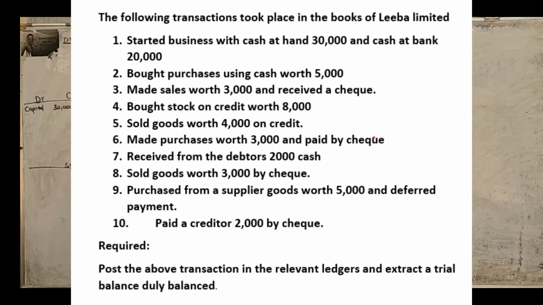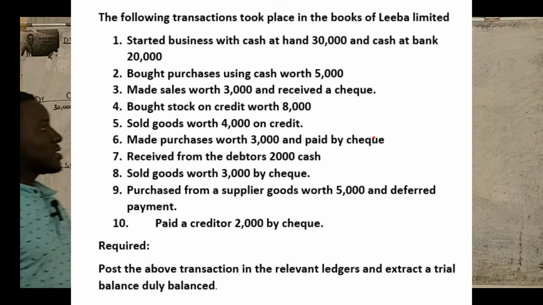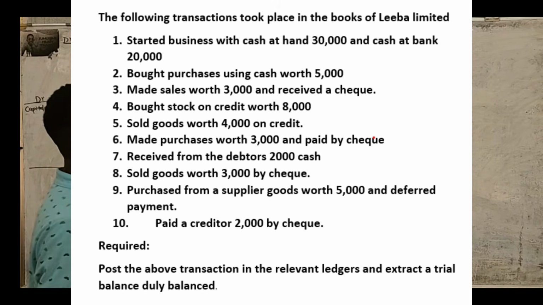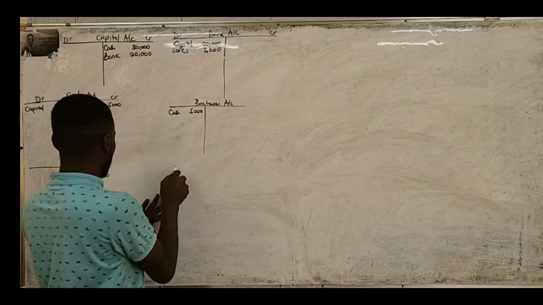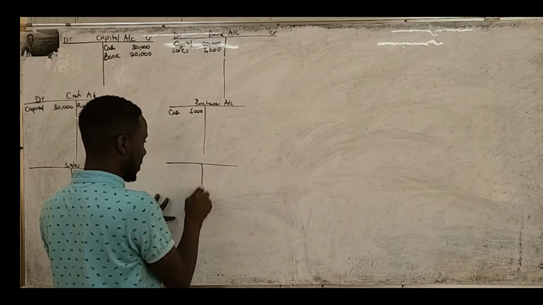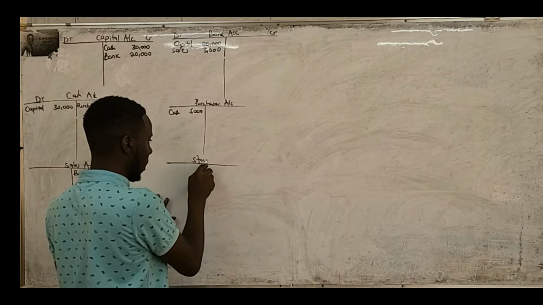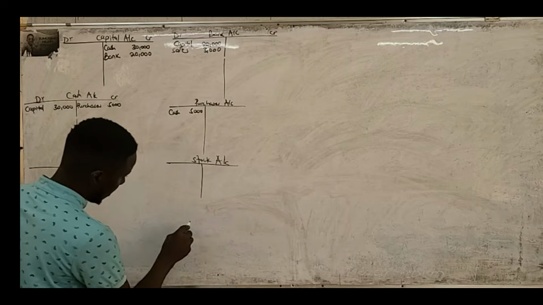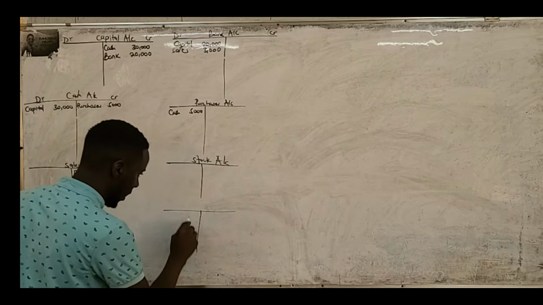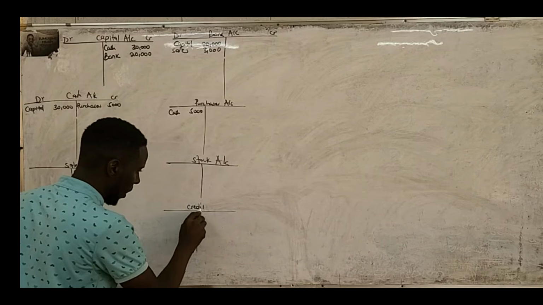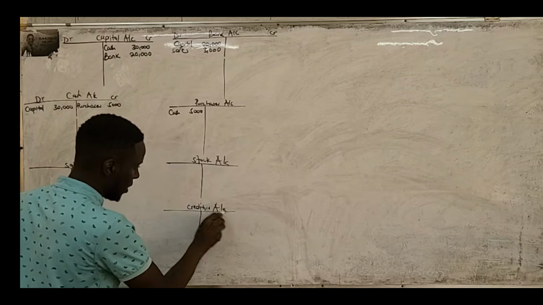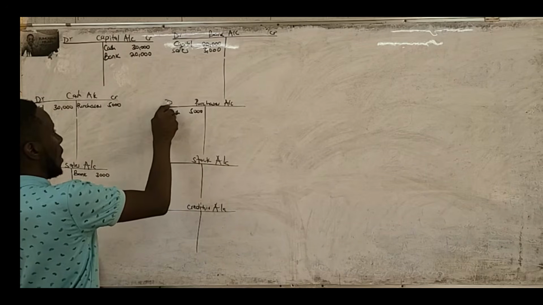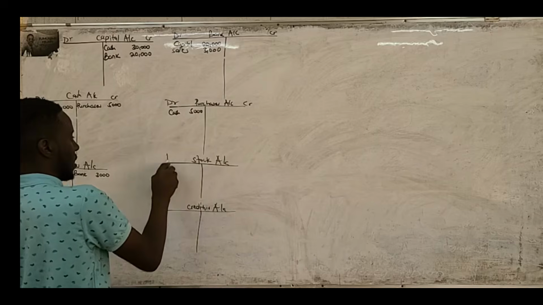Now, one is a stock account. So that means you're supposed to open up a stock account, but two, you're supposed to open up a creditor's account. So here, open up a stock account, and then let me open up here a creditor's account. Of course, we have our debit here, credit.